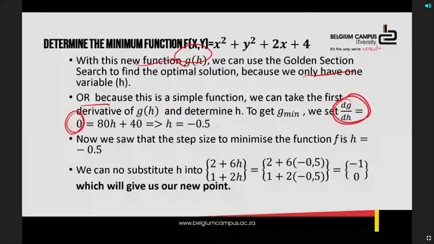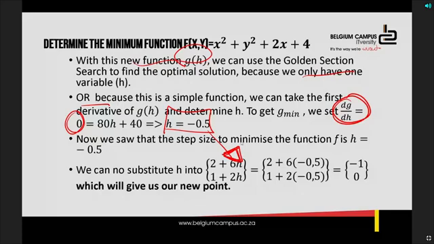Now we take this h and we substitute it back where we had h, in terms of x and y, so that we can get a coordinate in terms of x and y. So you literally substitute it back into your x and y where it was still in terms of h. So now you can get an x and y coordinate.